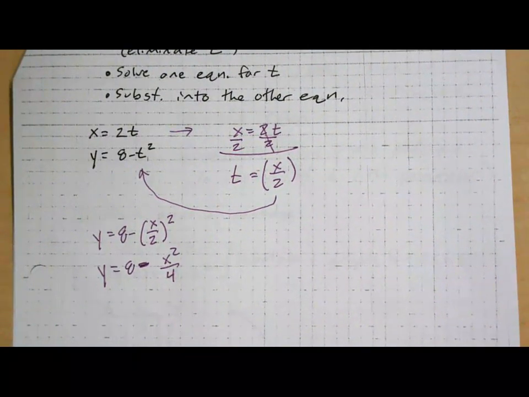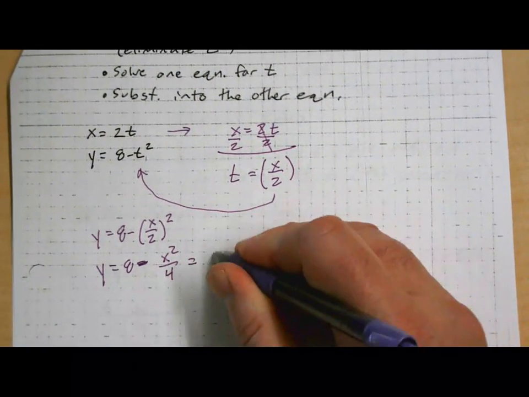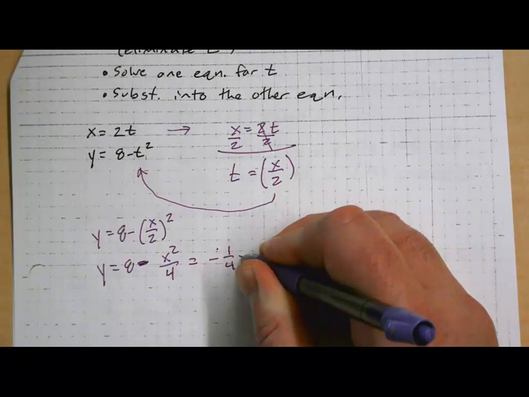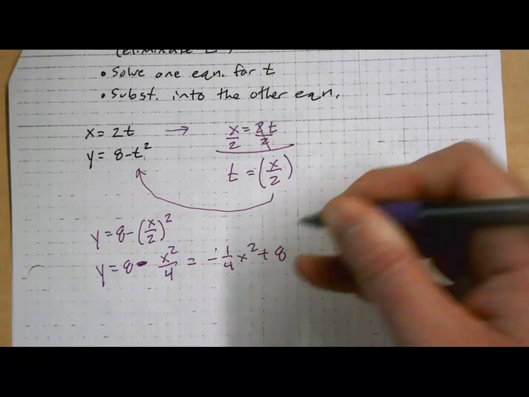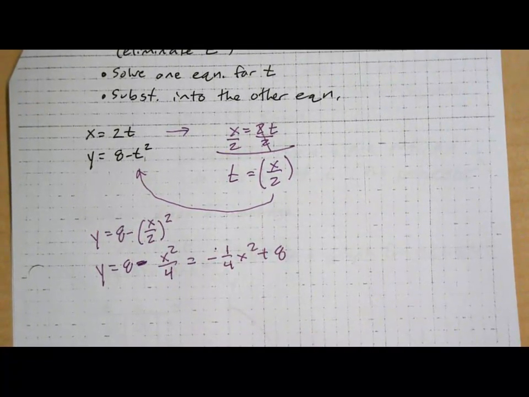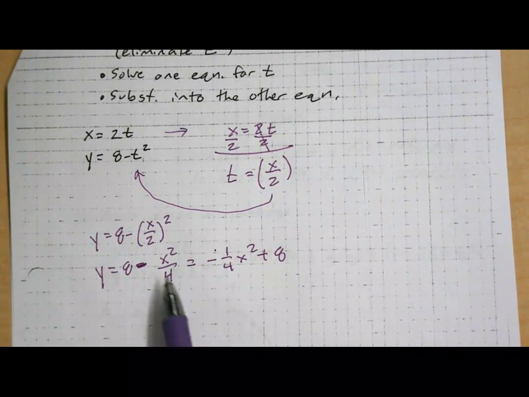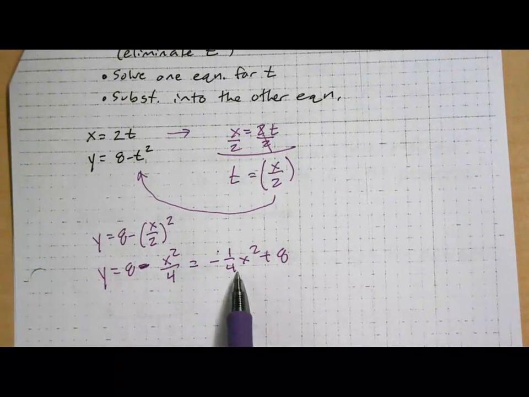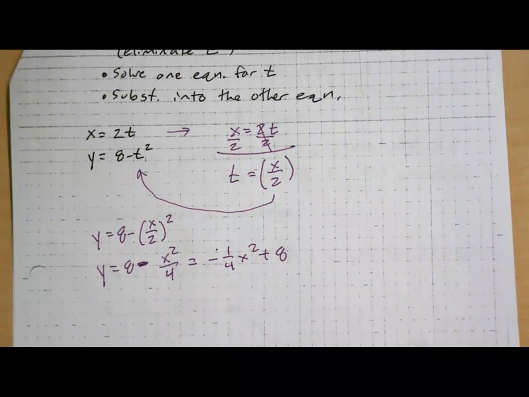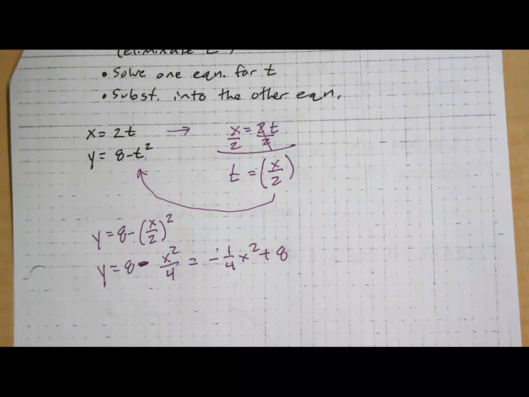If I wanted to make it look more like a quadratic, I could write it as negative 1/4 x squared plus 8. Is all that necessary? No. Are you seeing how x squared over 4 became 1/4 x squared? Negative stayed with it. I put the 8 at the end.